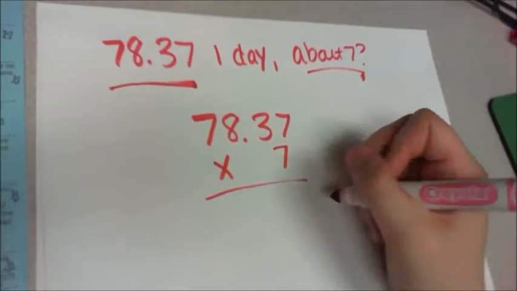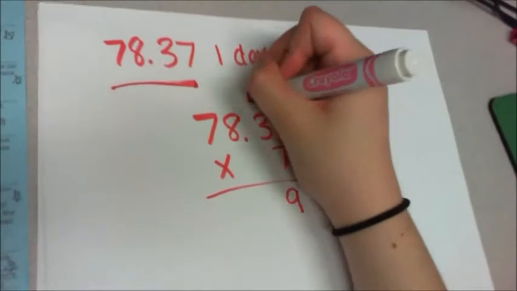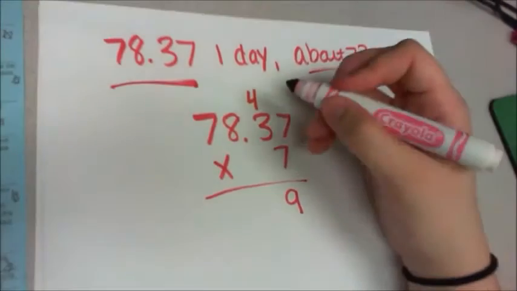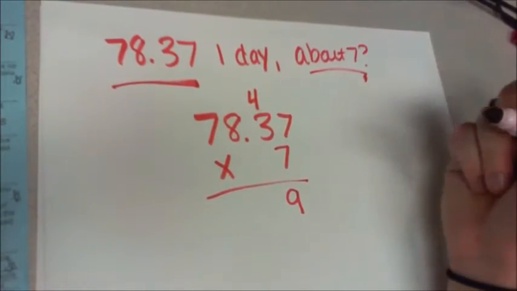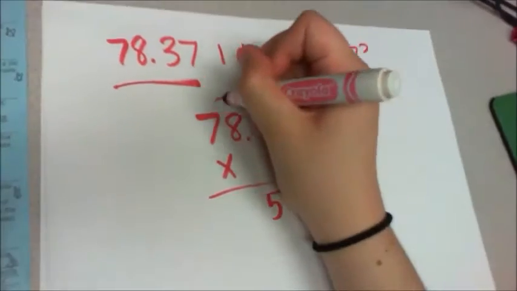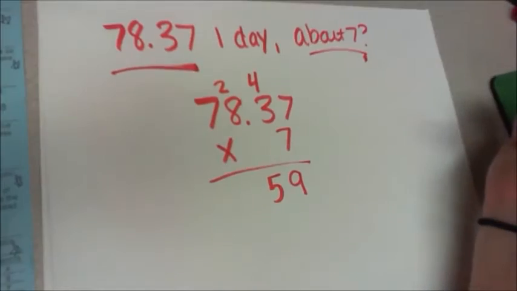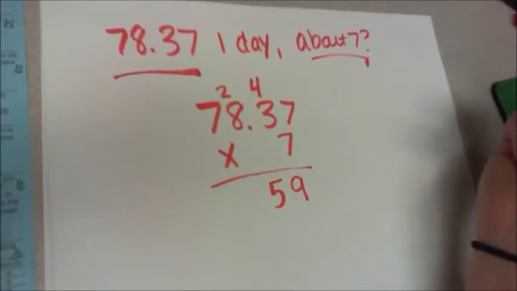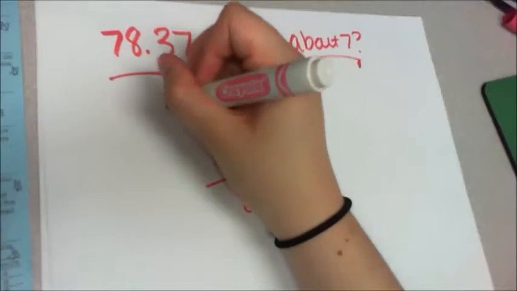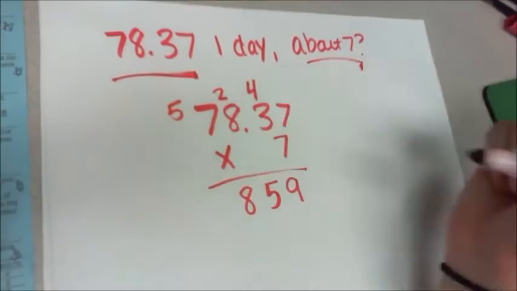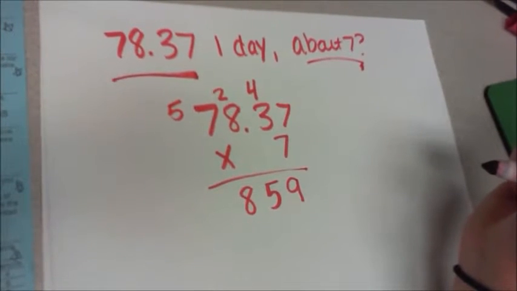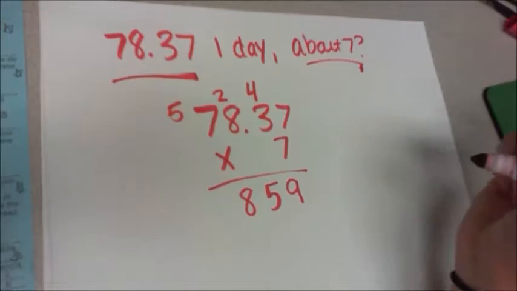7 times 7 is 49. 7 times 3 is 21, plus 4 is 25. 7 times 8 is 56, plus 2 is 58. 7 times 7 is 49, plus 5 is 54.